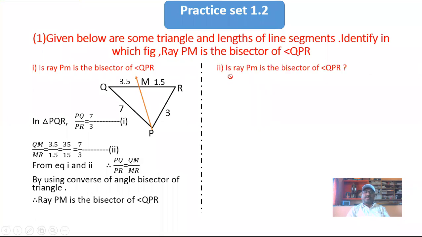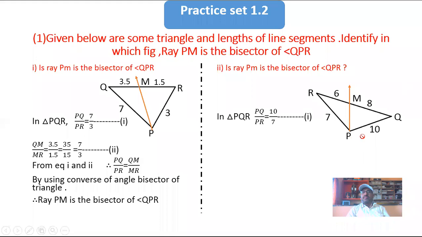The second figure: is ray PM the bisector of angle QPR? In triangle PQR, the ratio of the remaining sides PQ to PR is equal to 10/7.